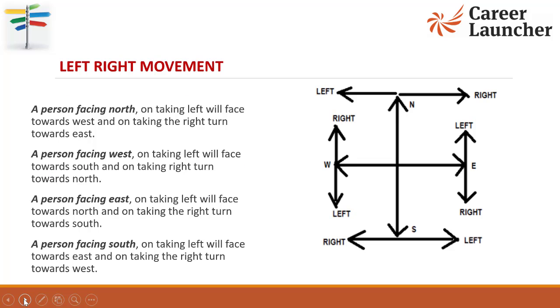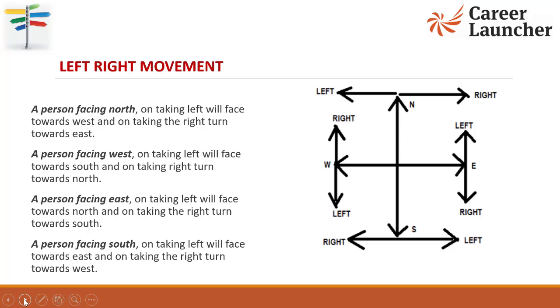Now let's discuss the concept of left and right movement. This is very crucial to directions questions, because if we get even one left or one right turn wrong, our entire diagram could go wrong, leading us to an incorrect solution. So this is very simple.